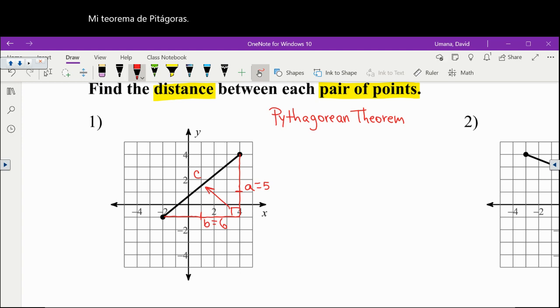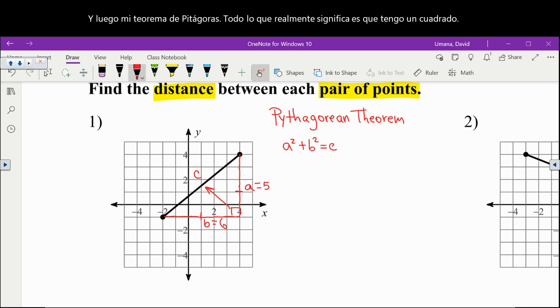And in my Pythagorean theorem, all that really means is I have A squared plus B squared equals C squared.